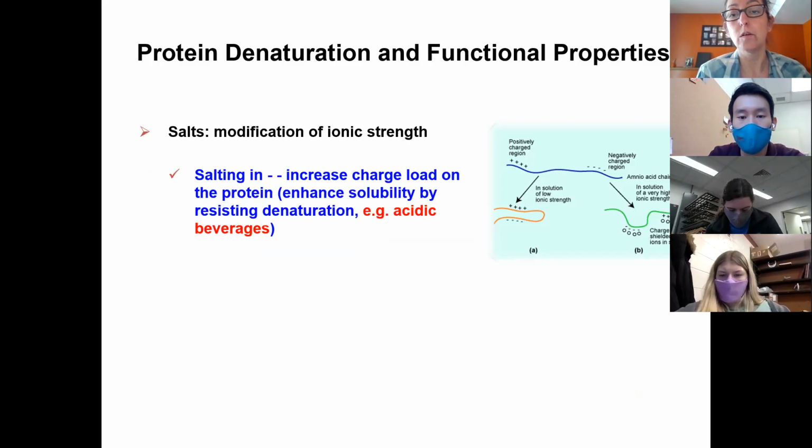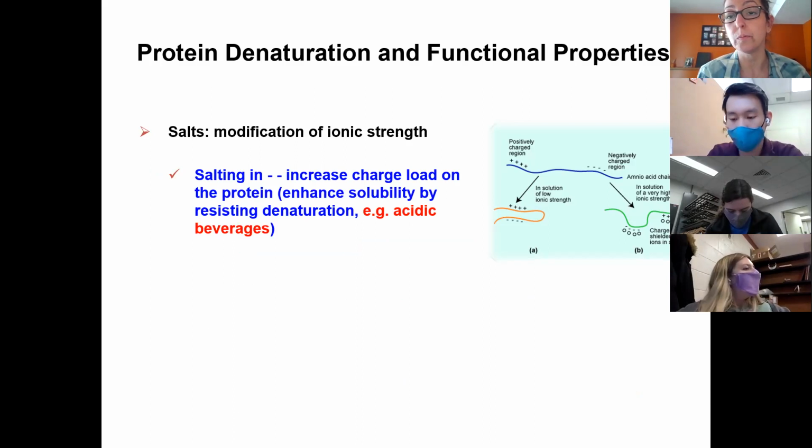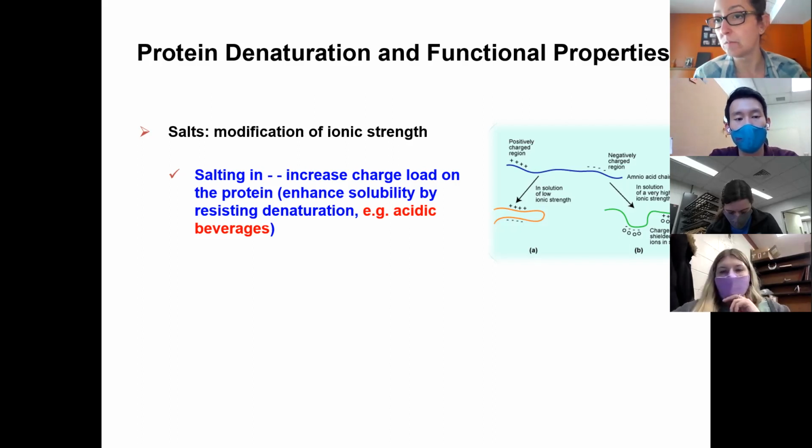Salt. We talked briefly, maybe last time or the time before that, about salting in versus salting out. Salting in really helps increase the charge load on the protein. The salt reacts loosely with the protein on the surface and enhances water interactions with the protein.